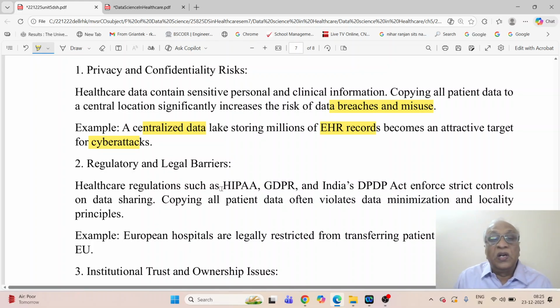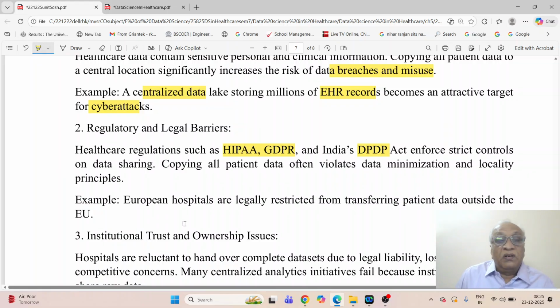We have regulating agencies such as HIPAA, GDPR, and DPDP, which have strict control on data sharing. So if I'm copying patient data, it will violate the data minimization and locality principle. For example, European hospitals are bound by European Union rules as far as transferring patient data outside the European Union is concerned.